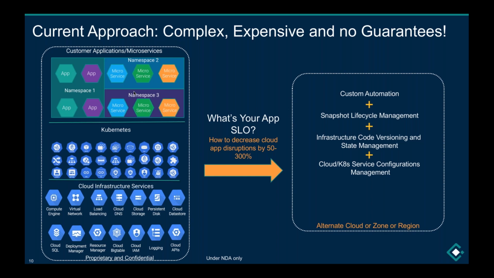On the other hand, it has also brought in some of the complexities associated with it. So it's always a good and bad side of any new technology, and that comes with infrastructure as code as well for cloud providers. And then on top of that, you'll have to manage all the Kubernetes service configurations management, which means that you will have to look at your application configuration as a whole, depending on the namespace, and you will have to manage all of that.